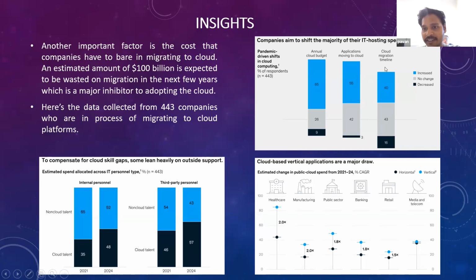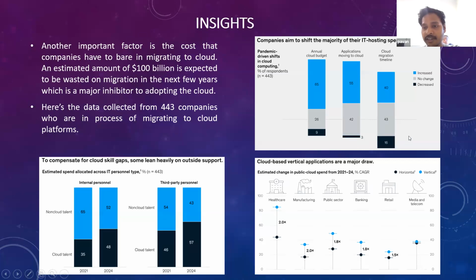And for the cloud migration timeline, which is the time required for them to migrate to the cloud, there was an increase in the timeline for 40% of the companies, and 43% of the companies followed exactly their plan and didn't exceed the timeline.